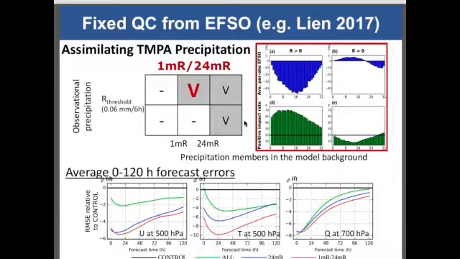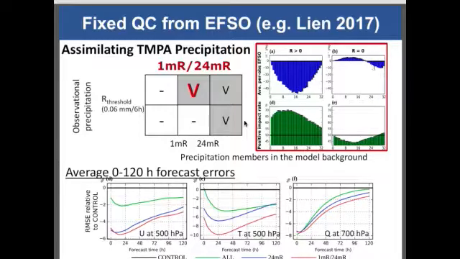And then he performed EFSO to confirm that. So let's just focus on the top row here. The left one is for the observations larger than 0, and the 0 precipitation is on the right. You can see that for observations larger than 0, it is beneficial no matter how many precipitating members you have in the ensemble. But for the 0 precipitation, how beneficial these observations are depends on the precipitating members.